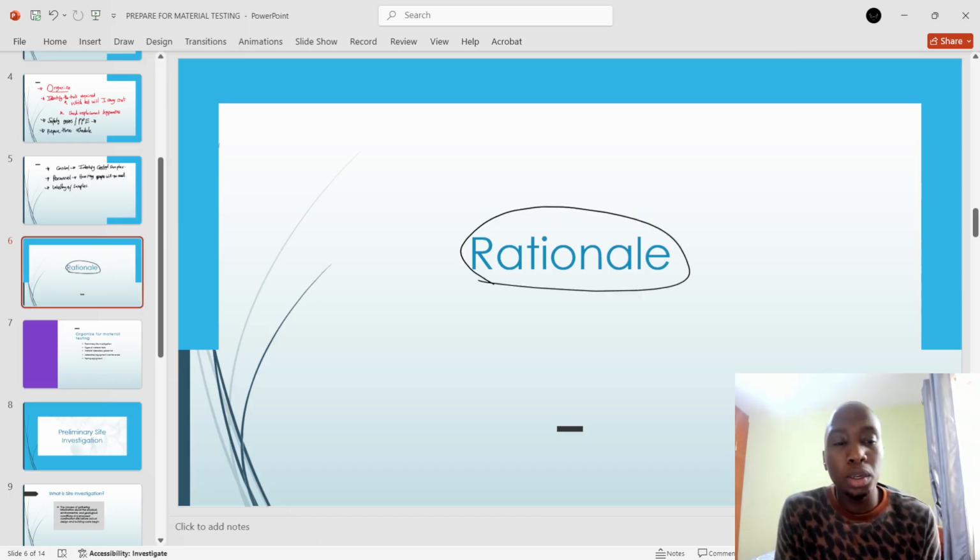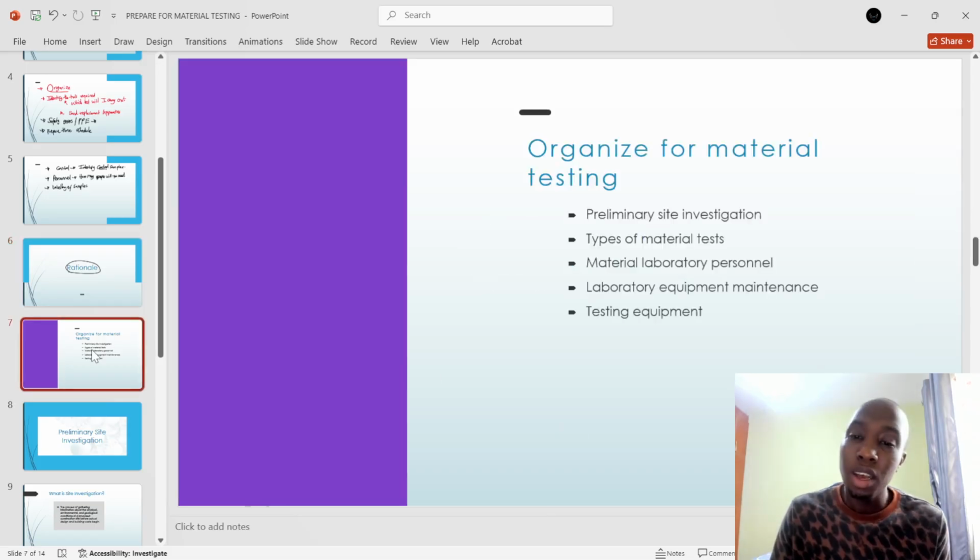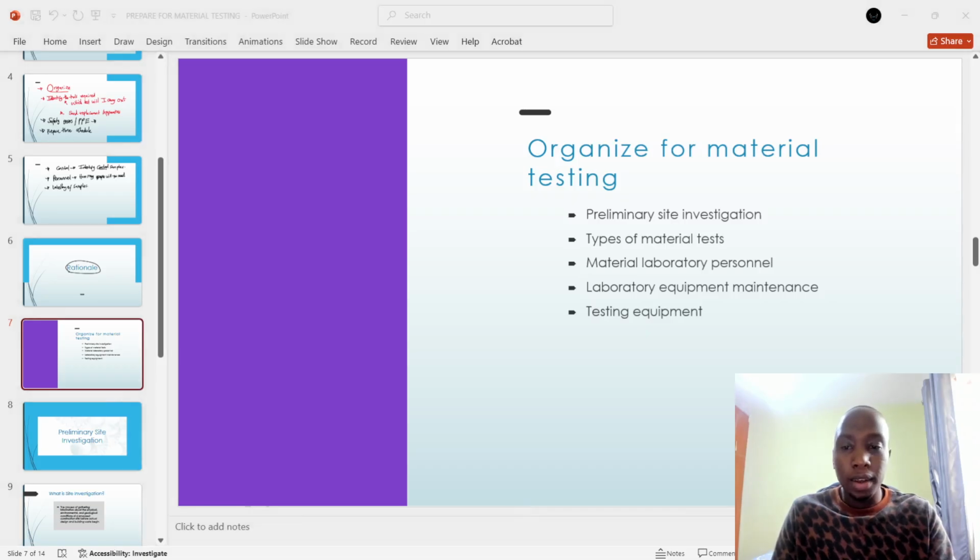How do we go about organizing? To put it into context, we are going to look at 5 things that I have displayed. The first subtopic under organizing for material testing will be preliminary site investigation.